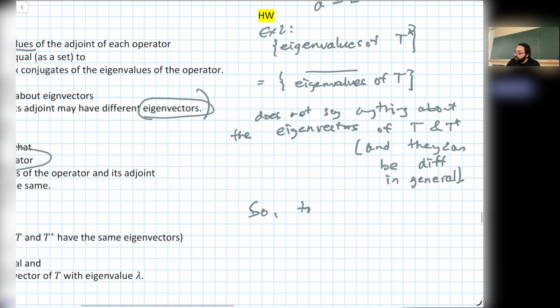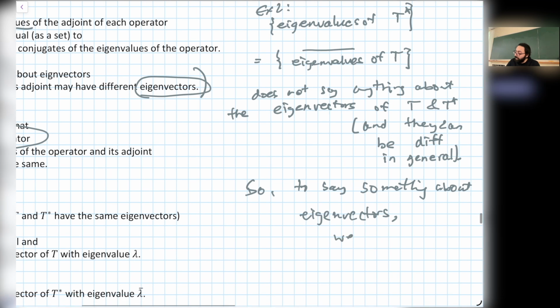So to say something about the eigenvectors, we look at normal operators. Is that okay? That is sort of the high level motivation for what we're doing.